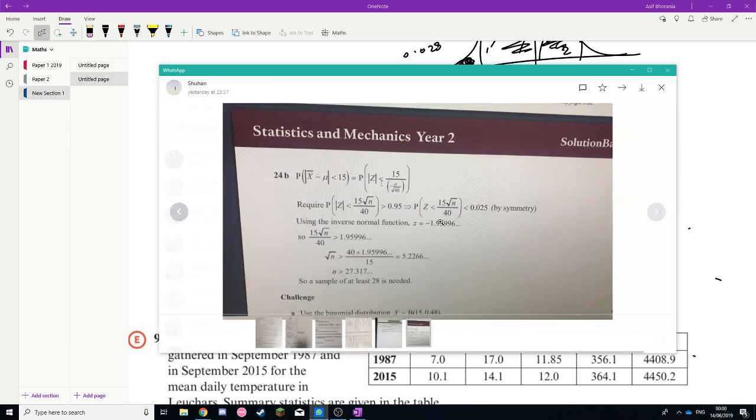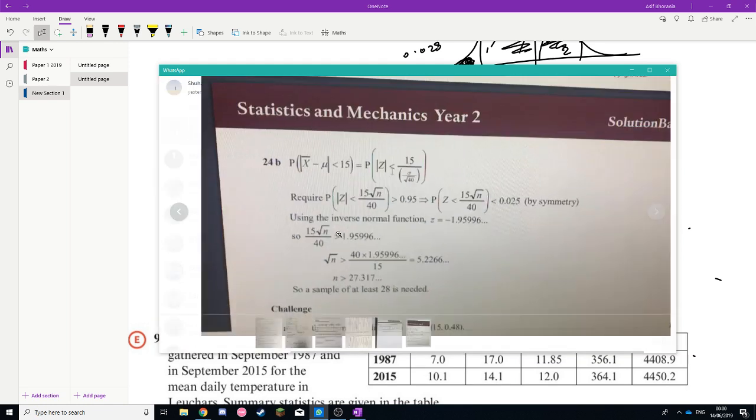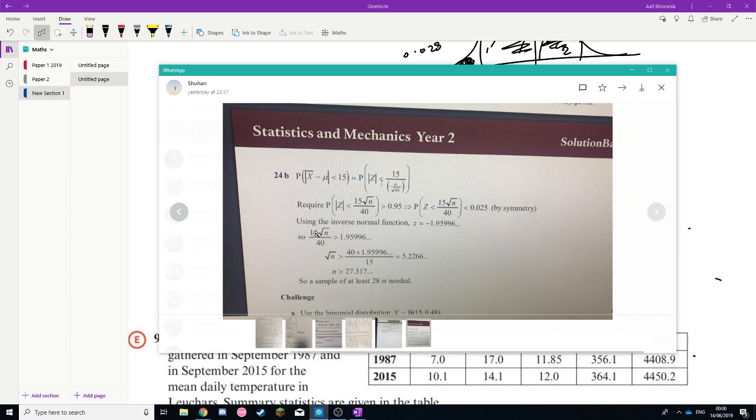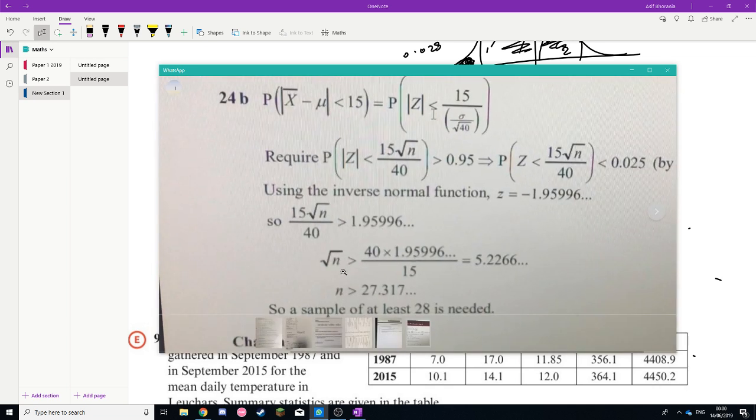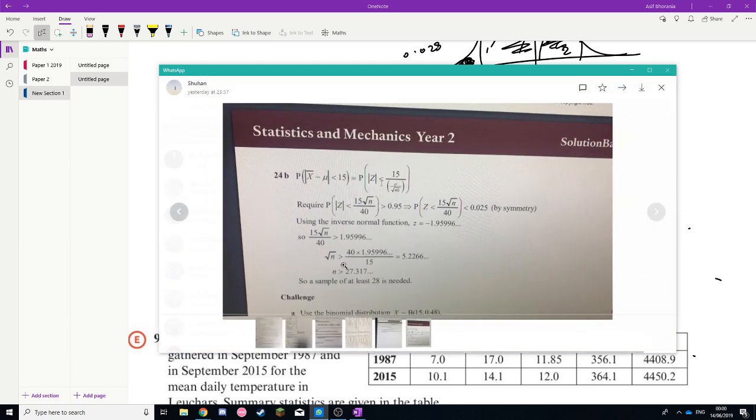Using the inverse normal function, they get the z value, then equate it to the square root of sigma squared over n, and then find root n. 15 root n over 40 is just rearranging the expression.